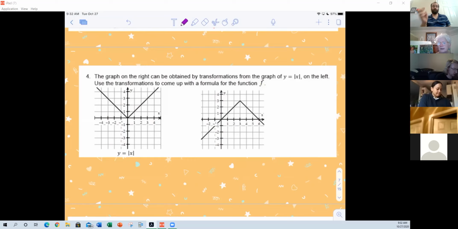And then if you will, type in the formula that you get. Or you can just tell me, because you can't really do absolute value bars. If you want to just use parentheses where there would be absolute value bars, that would be fine if you type it in.